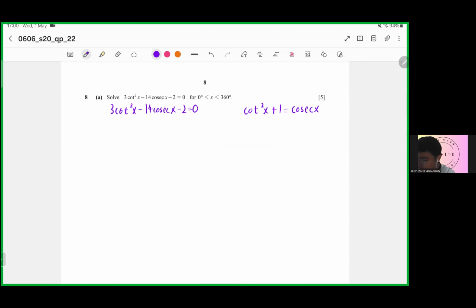So we just take this 3 bracket, cosec squared minus 1. Okay, now I expand right now.